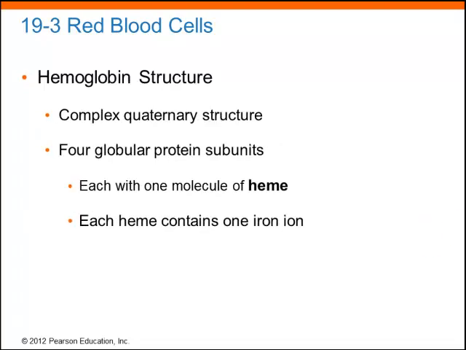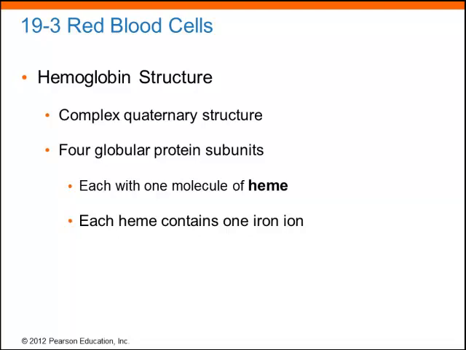When we look at the structure of hemoglobin, we say that it has a complex quaternary structure. I'm sure you all remember from A&P 1 that proteins have 4 levels of structure: primary, secondary, tertiary, and quaternary. And that quaternary level is the association of different polypeptides. What we find in hemoglobin is that there are 4 separate polypeptide subunits that combine together to make a single hemoglobin.